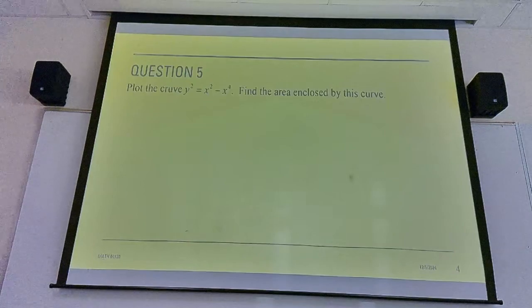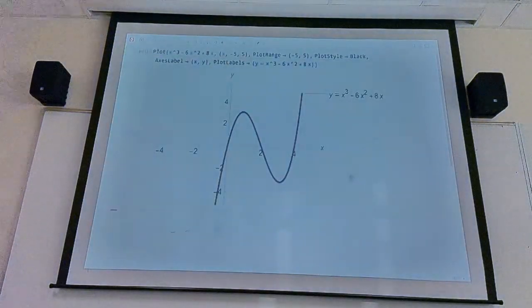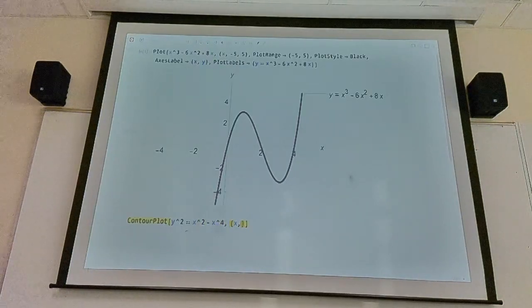Find the total area enclosed by the curve. I know, prior knowledge is a terrible thing.